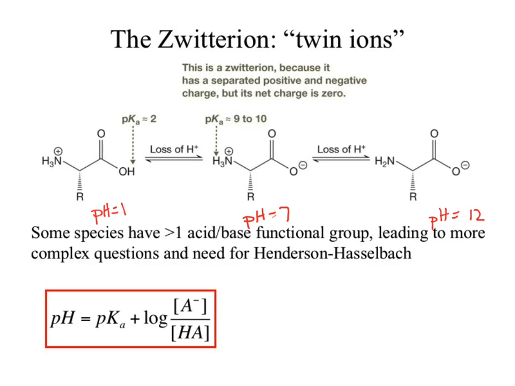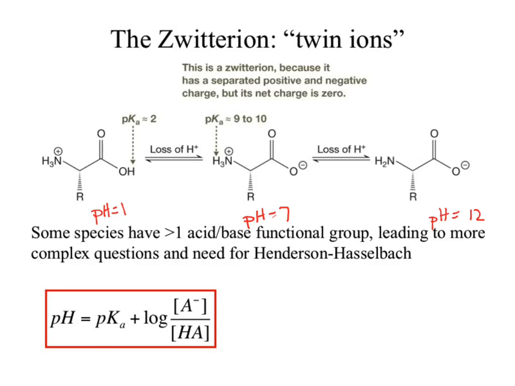Okay? Which means you have to be able to relate the pH to the pKa, or the acidity of each of those functional groups. And in this red box, that should look really familiar because that is the Henderson-Hasselbalch equation from 152. Yay! So what you're responsible for doing is being able to predict the protonation state for each of those functional groups.